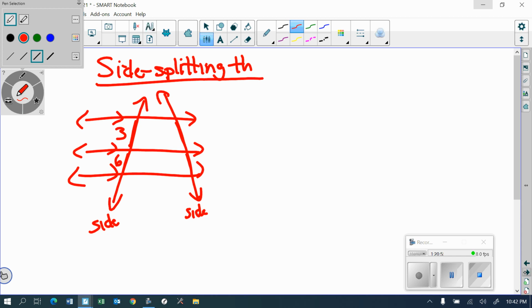And if I say this is 4, and that's x, what does x have to equal? Well, very simply, I can write it vertically. 3 over 6 equals 4 over x. Notice I'm matching up the corresponding sides. 3 matches up with 6, so they're on the left side, top over the bottom one.